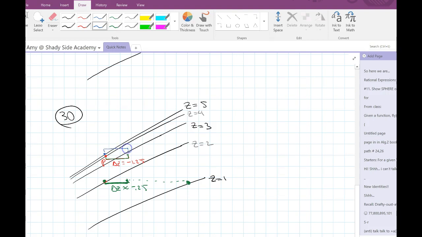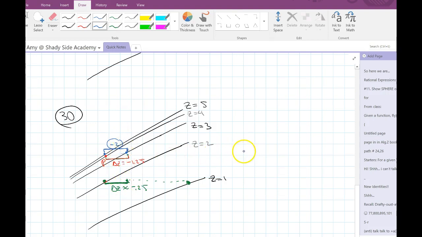Same distance. Now I'm right about here, it looks like. And here the z drops from z equals 5 to z equals 3. Negative 2. So do you see how delta z is decreasing?